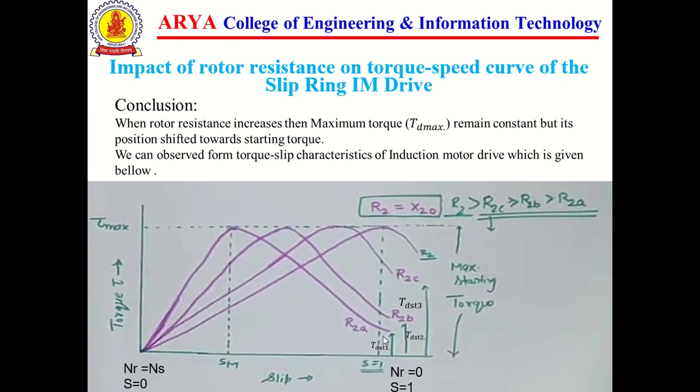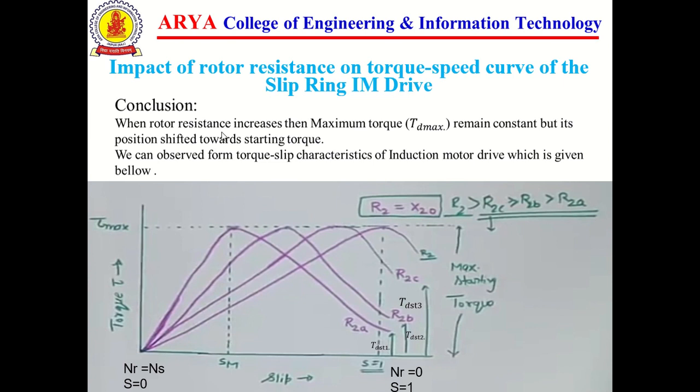This is the first case, the starting torque developed when the induction motor has rotor resistance R2A. In the second condition, with rotor resistance R2B, the starting torque is here, and in the third case R2C represents the starting torque here. From these characteristics we observe that the value of starting torque also increases whenever we increase the value of rotor resistance.